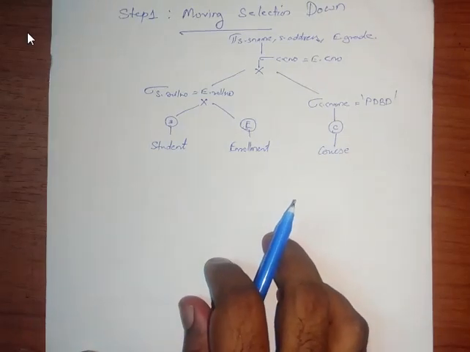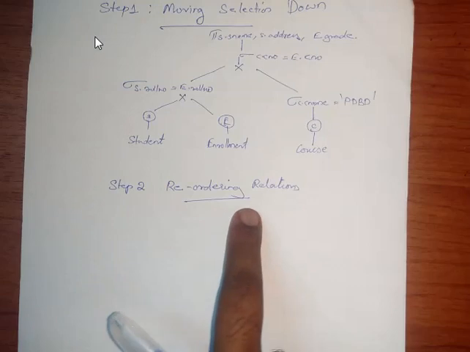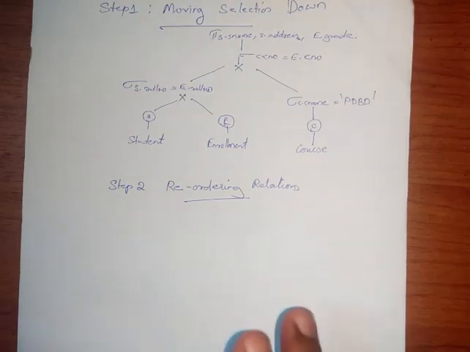Next we are moving to step 2, reordering of the relation. In some cases, after doing the initial query tree, we may find that the joining operation between two tables, let's say A and B, is better than A and C. Here the query is retrieving the list of students who joined which courses.